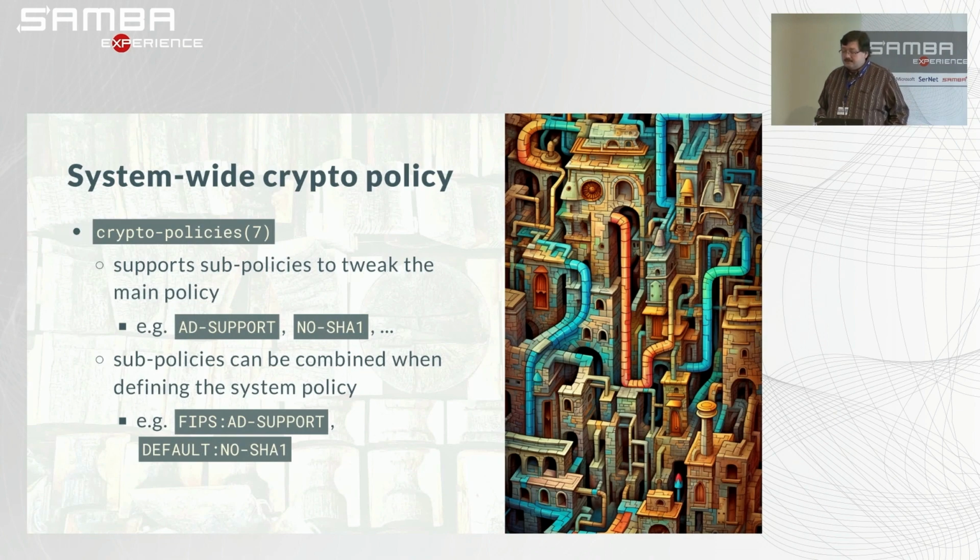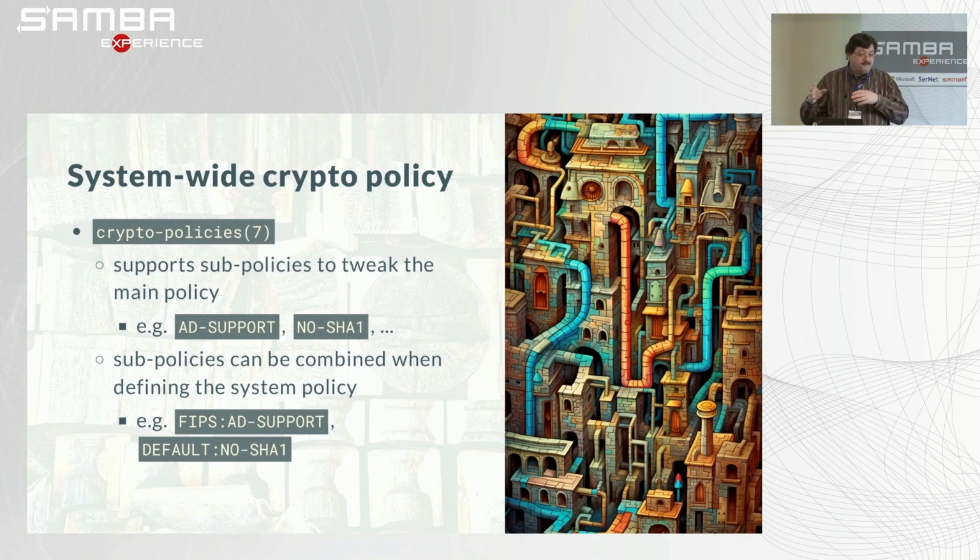The system-wide crypto policies allow you to switch things more flexibly. There's a notion of sub-policies. You can say, okay, I want something weird like the future policy, which removes everything that is considered non-working, and then add on top some legacy stuff.